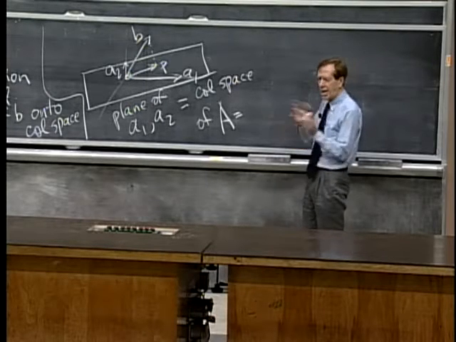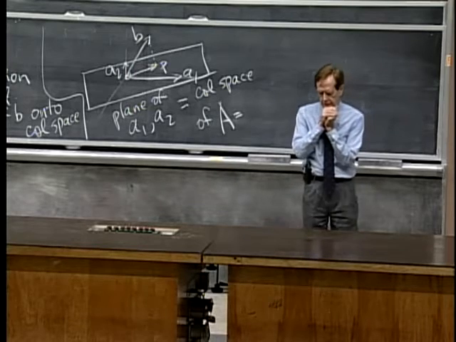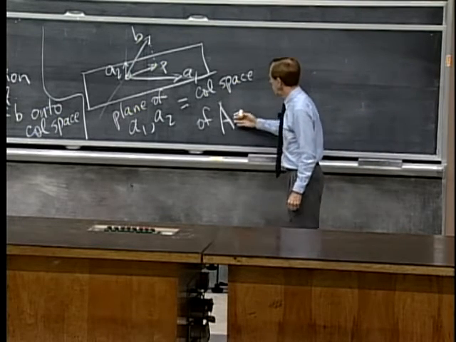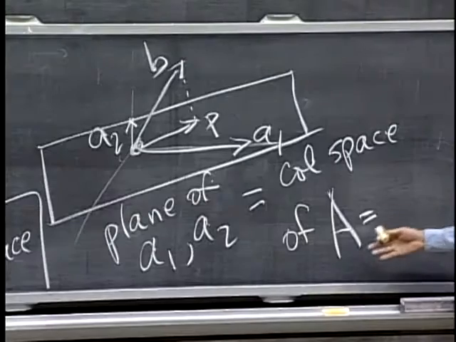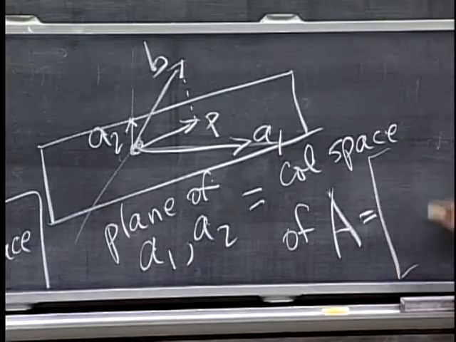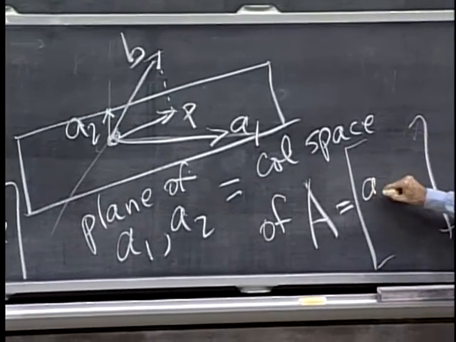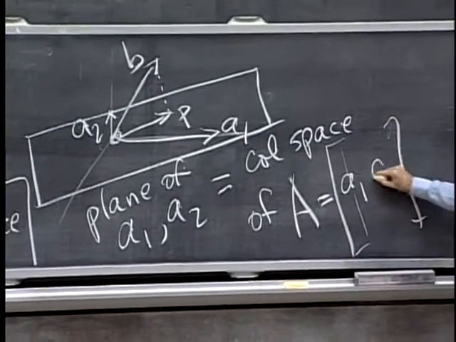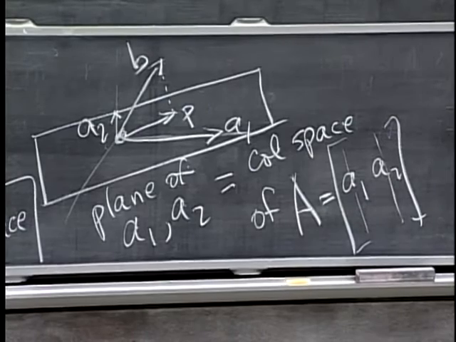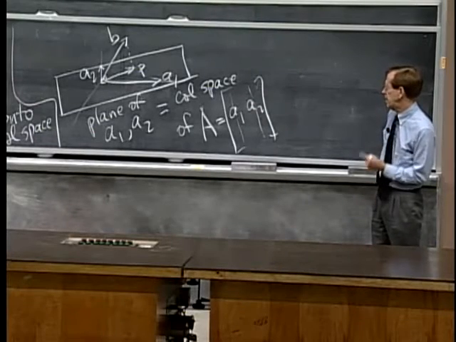And I want to get a matrix in here. Everything's cleaner if I write it in terms of a matrix. So what matrix has that column space? Well, of course, it's just the matrix that has A1 in the first column and A2 in the second column. Right? Just let's be sure we've got the question before we get to the answer.